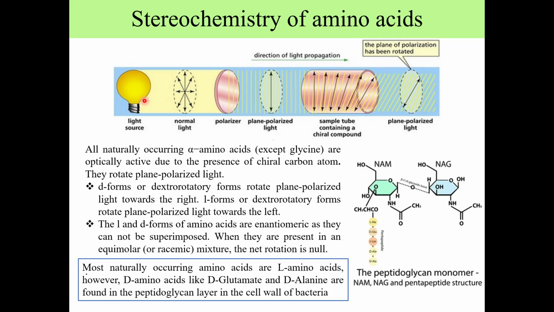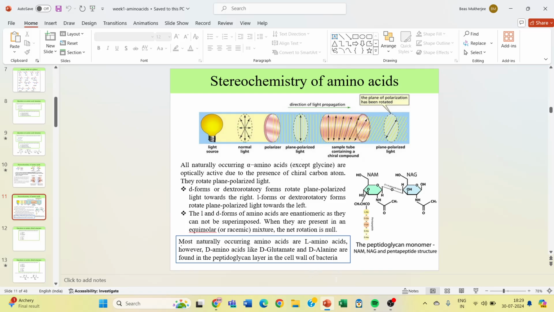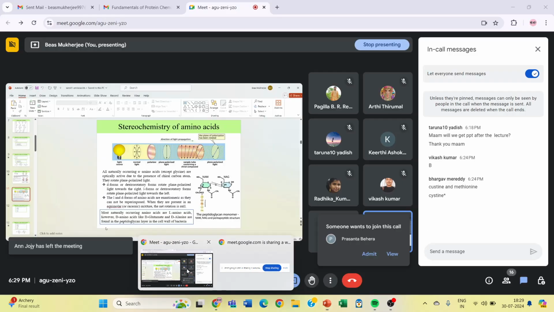So the electric field vectors vibrating only along this particular direction pass through, and this is now called plane polarized light. When this plane polarized light hits the amino acid sample, it bends the plane polarized light, and you can see that this is now in a different plane. So this has been rotated. This is how amino acids interact with plane polarized light.